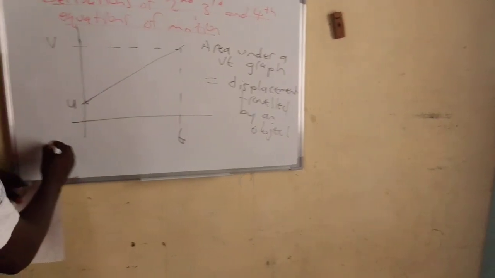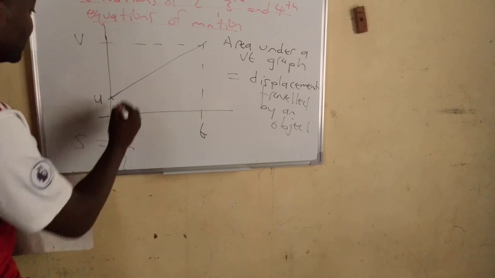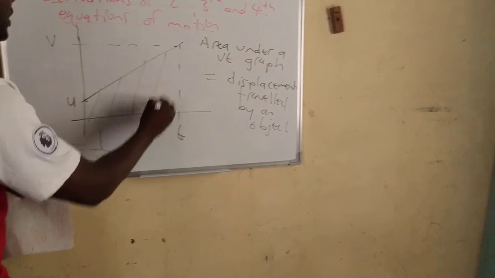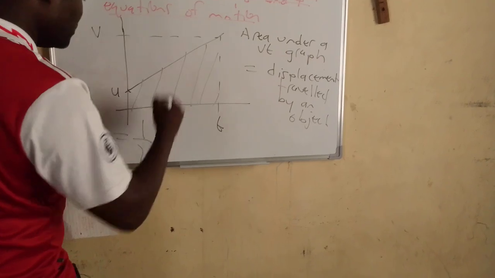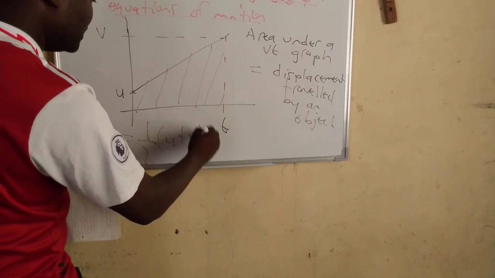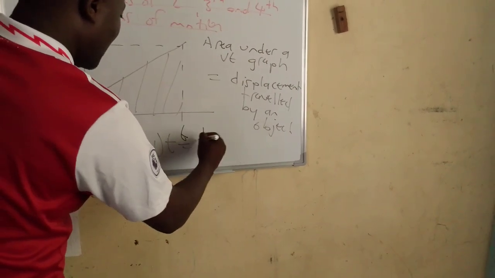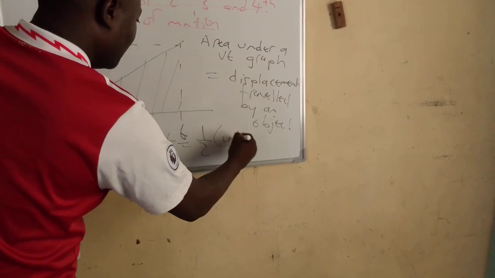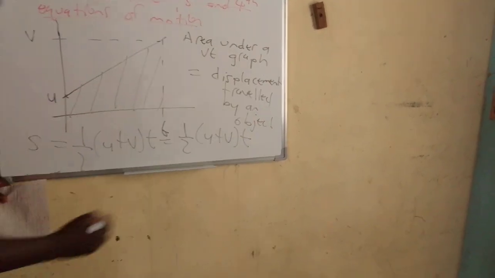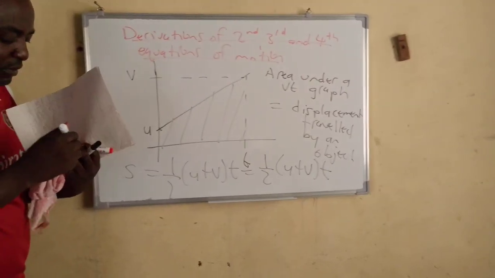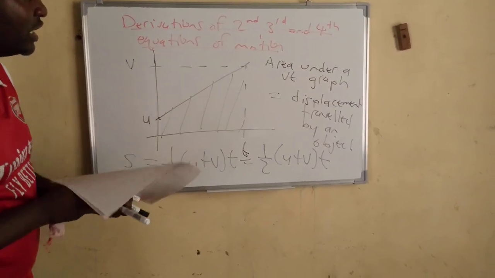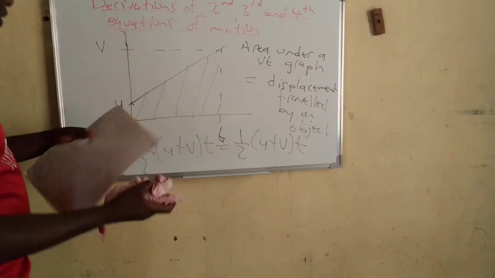This is a trapezium, so the area is half the sum of the parallel sides times t, which is half (u plus v) times time.